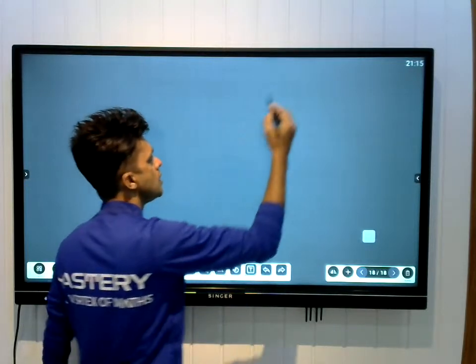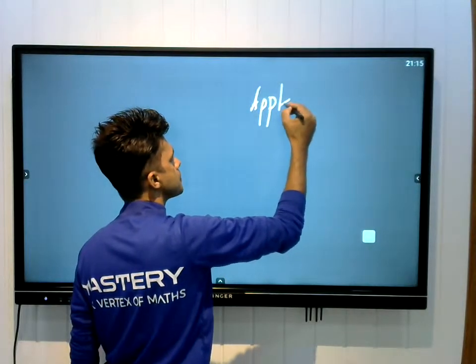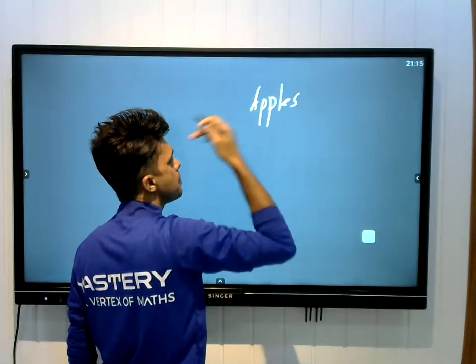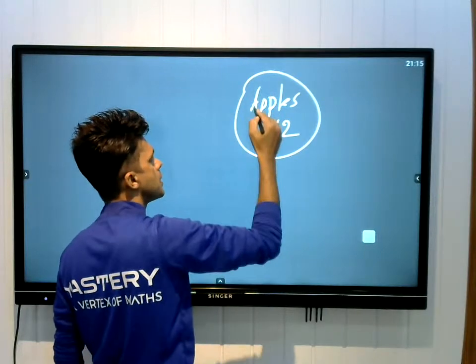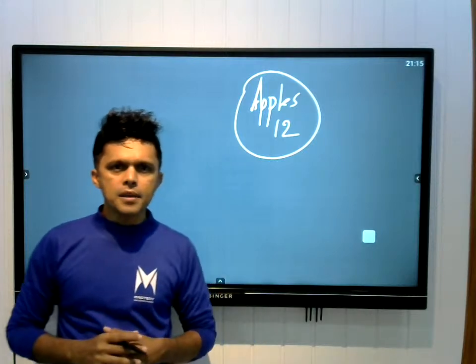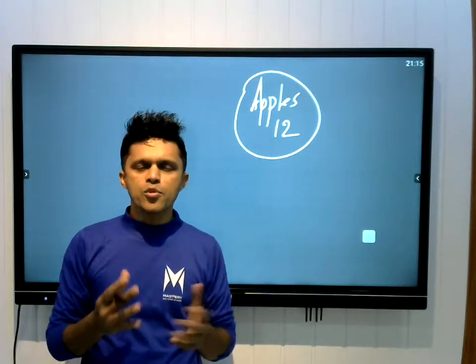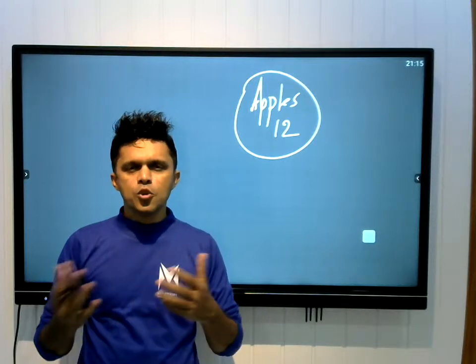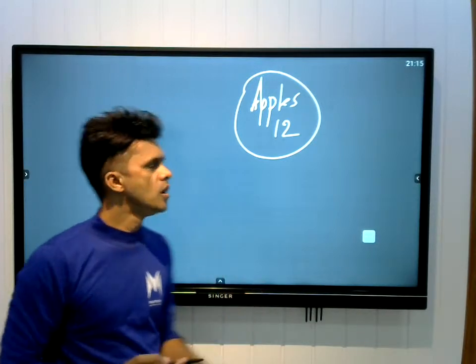He brings apples. He brings 12 apples. That broad apples are divided between you and your brother or sister. I will write two names.